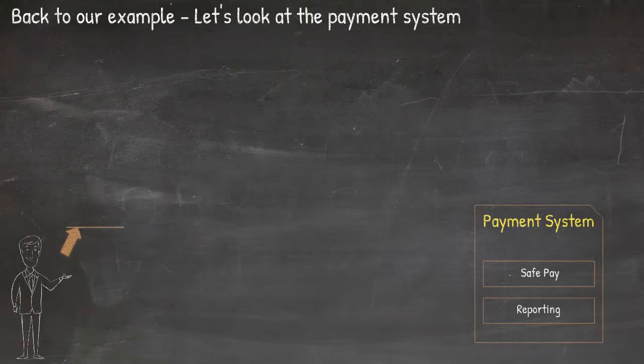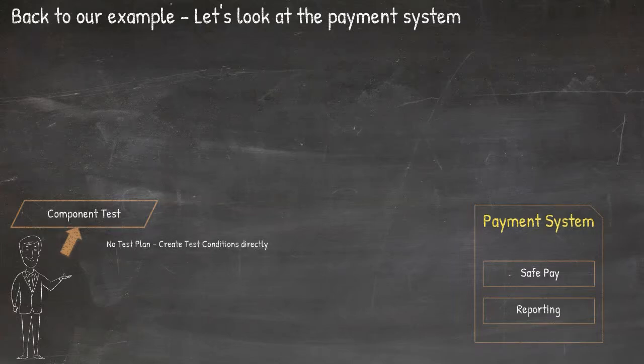Looking at the component test level, we mentioned that we can manage this stage without a test plan by creating the test conditions directly. We can do this while also merging test analysis with test design, and we have decided to create generic test conditions.